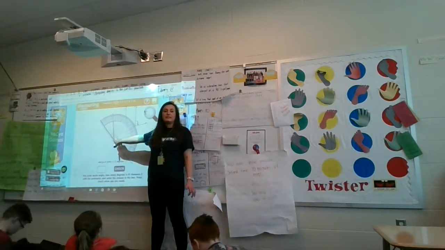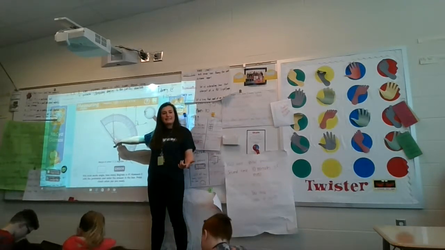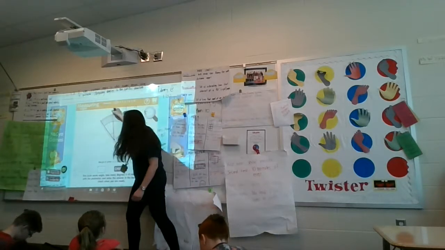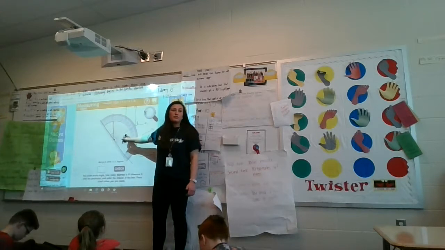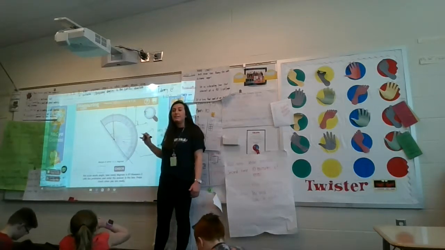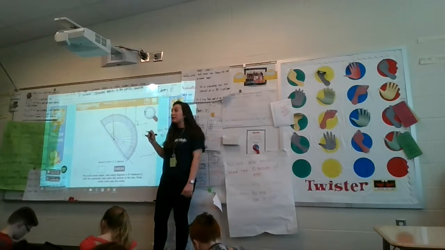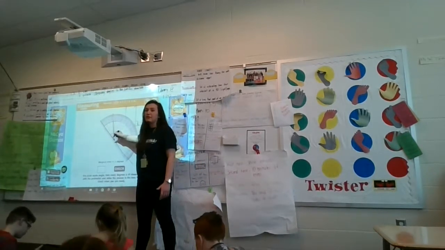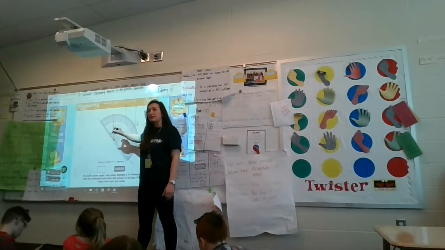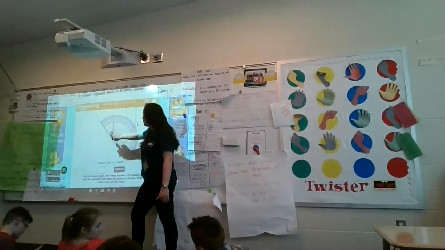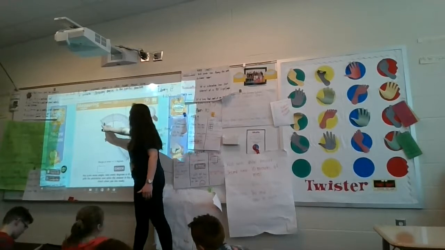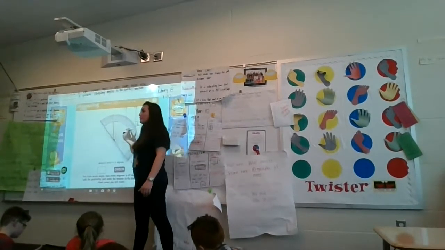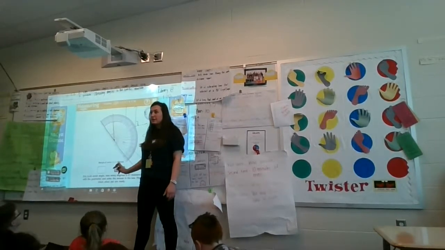What does this angle look like to you? Does this look greater than, less than, or equal to 90 degrees? This angle right here, less than. So we're going to look at our protractor. As you noticed yesterday, there are two numbers on the protractor, numbers from 180 on the top and on the bottom of your protractor.